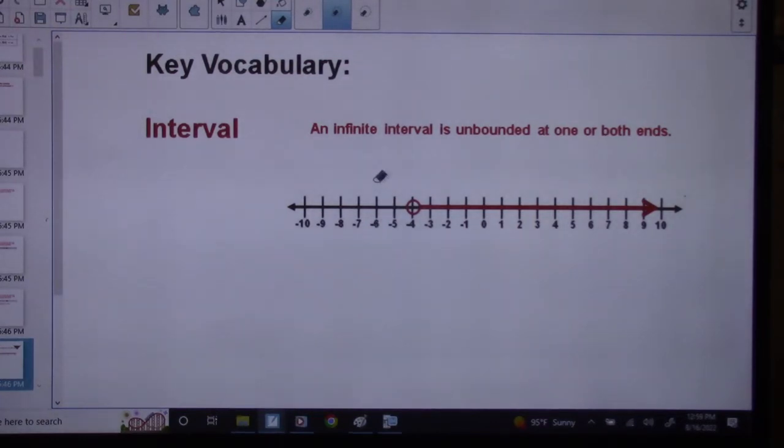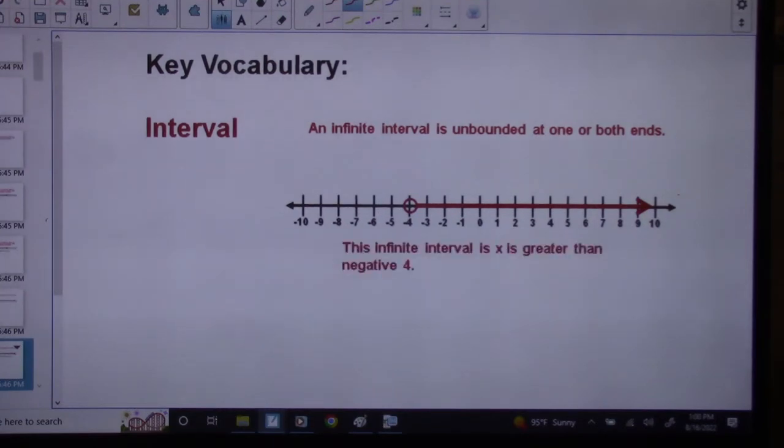And here's an infinite interval. It's unbounded at one or both ends. Here we see an example of an infinite interval, bounded in this case on one end. This infinite interval is x is greater than -4.